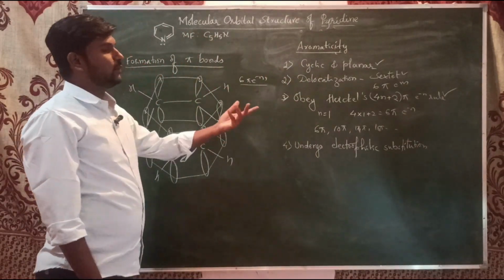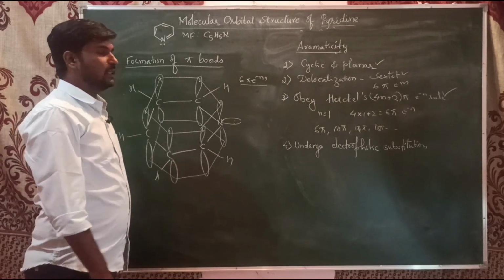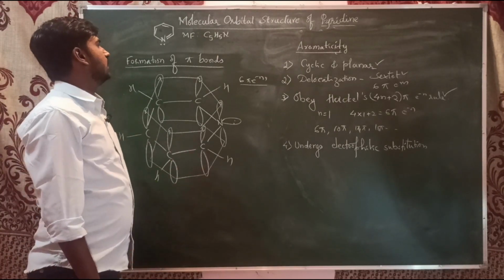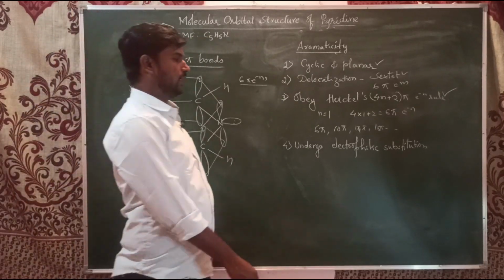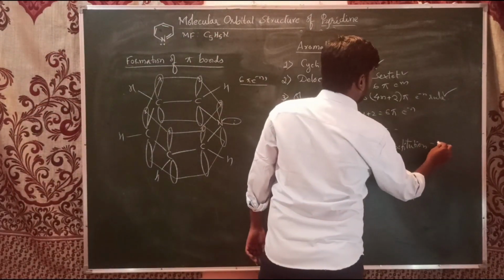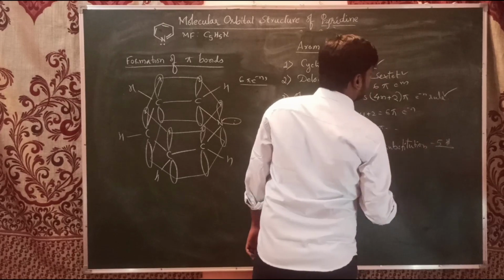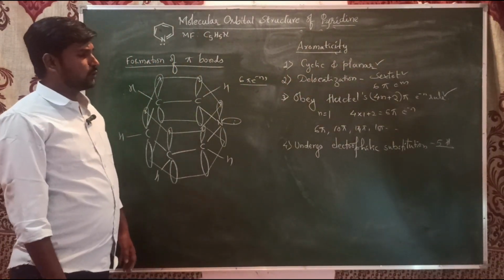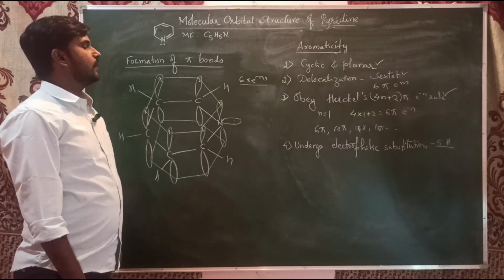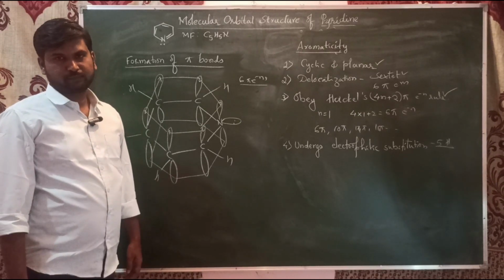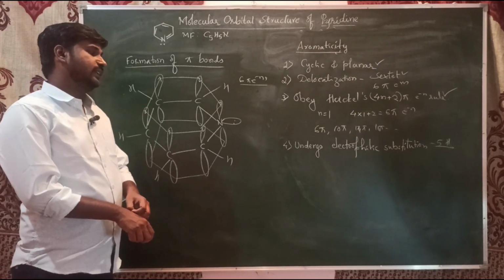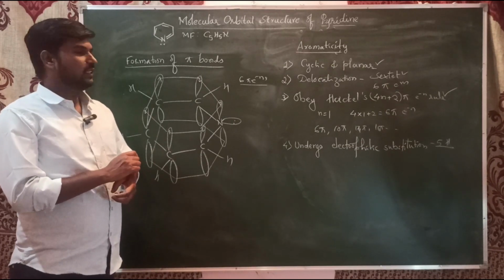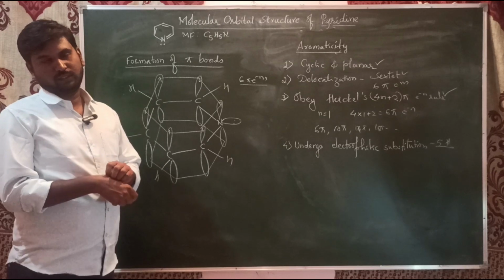As you all know, for electrophilic substitution there must be at least one hydrogen atom to replace. Here we have 5 hydrogen atoms, and those 5 hydrogen atoms can be replaced by an electrophile. So hence it may show electrophilic substitution reaction. Yes, but there is one problem in this compound. It does not undergo electrophilic substitution very easily.